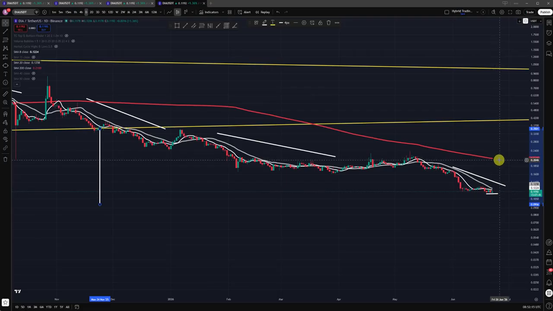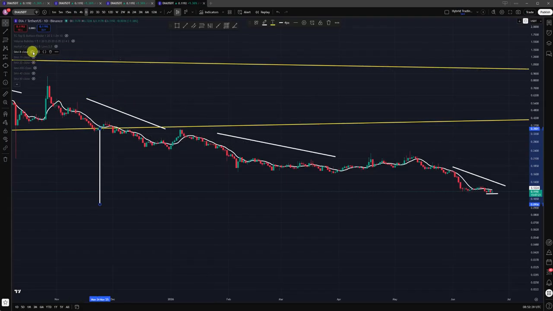The 200 is slowly, gradually going down like this. So I do expect that as the price nears this 20, the 20 is still going to push the price down. But one nice thing is it's starting to not be as drastic of a push down.